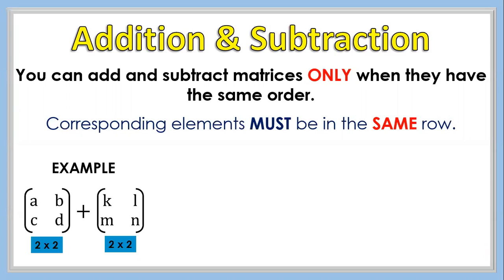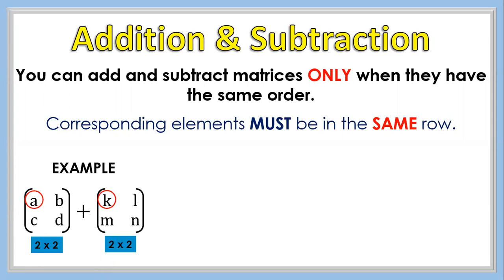Now, when we are adding matrices, we must also bear in mind that we can only add if the corresponding elements are in the same row. So in this example, we can add the first member in the first matrix with the first member in the second matrix.